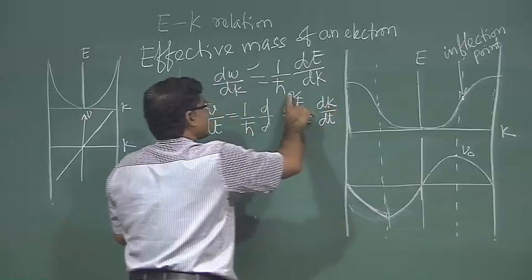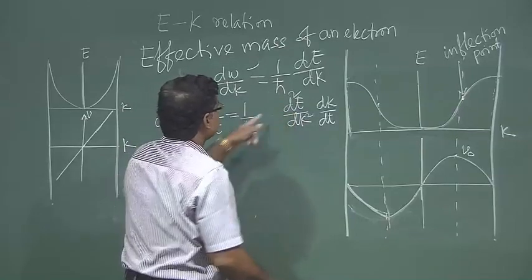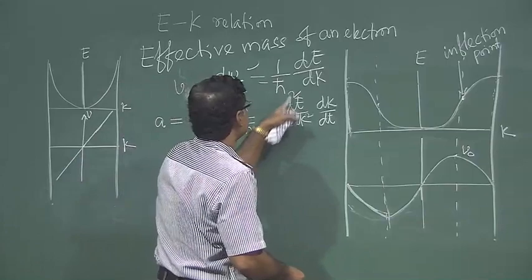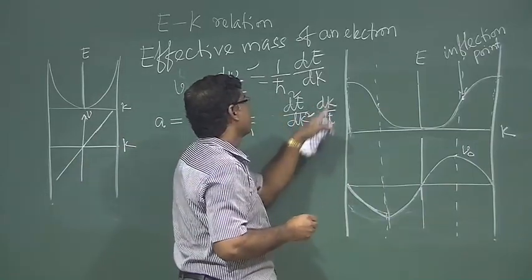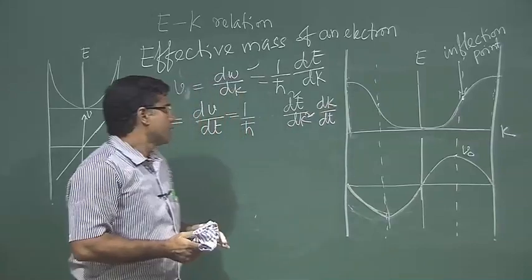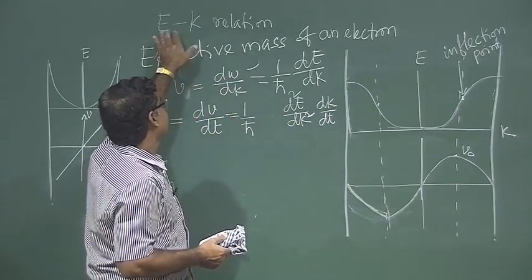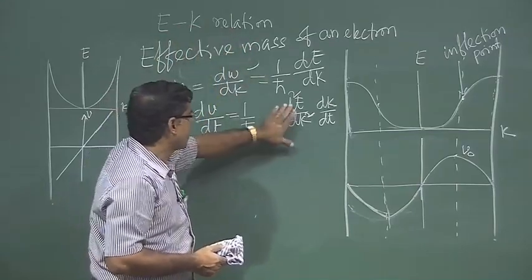So, acceleration is 1 by h cross d2E by dk square times dk by dt.